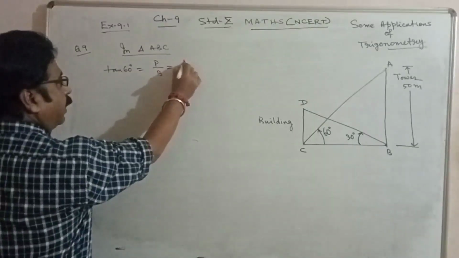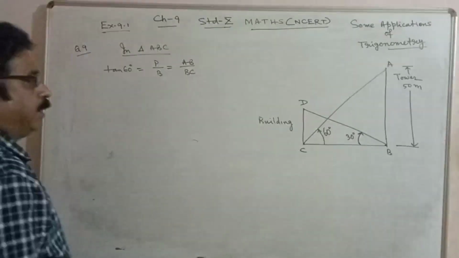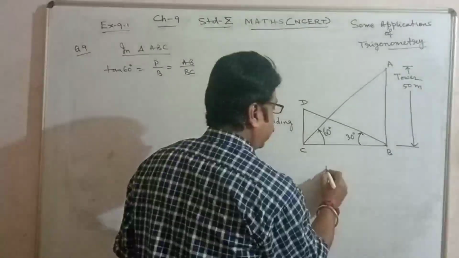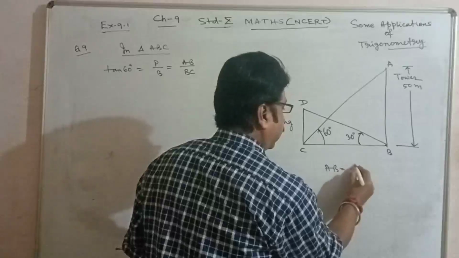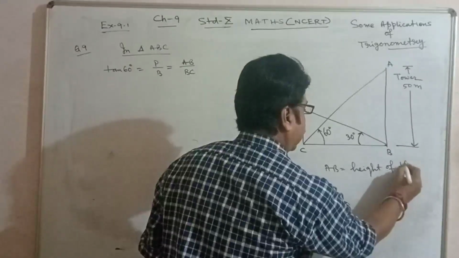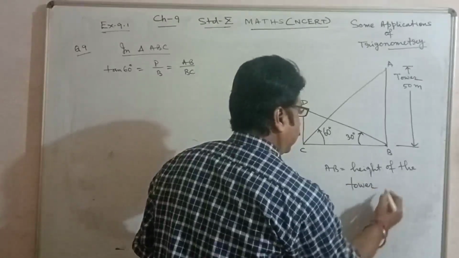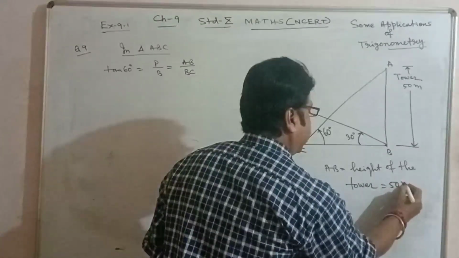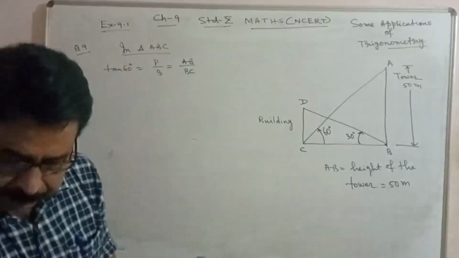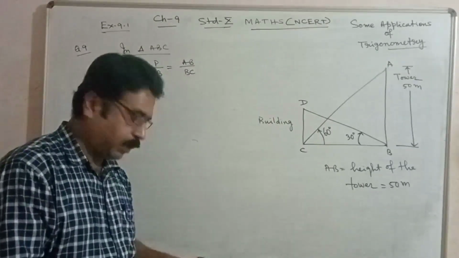Perpendicular is AB, base is BC. Here AB is given. Of the tower equals to 50 meter.